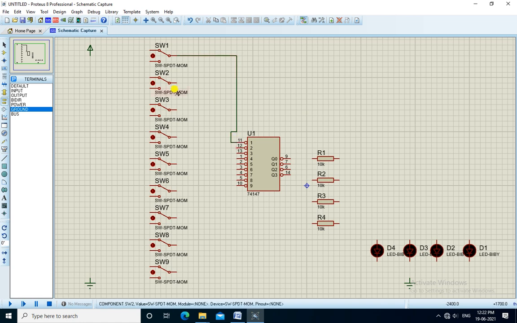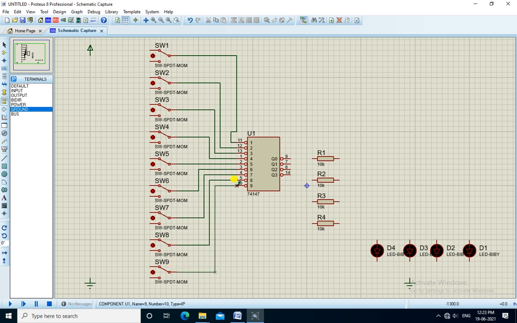Switch 1, 2, 3, 4, 5, 6, 7, 8, 9. We connect the resistor at the output.